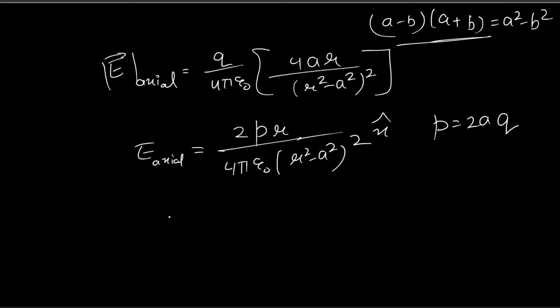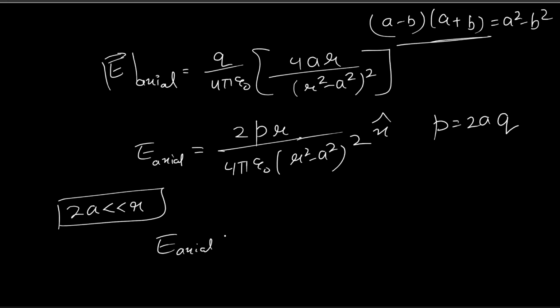We can also take some cases. Let me take the case where 2a is very much less than r, then I ignore this a here, then one cancels out, and E axial comes out to be 2p by 4 pi epsilon naught, and here it becomes r to the power 4, and then one r will cancel out, so r cube remains.